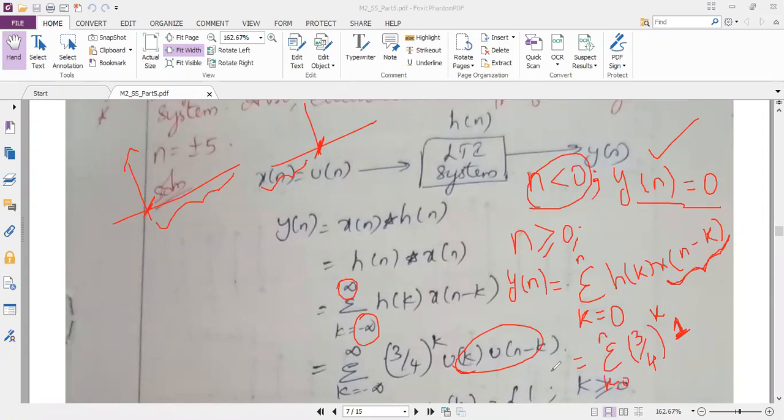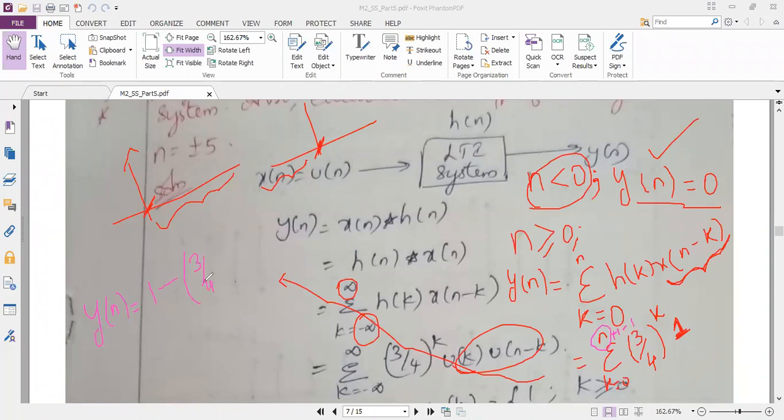Now can you convert this into the proper formula format and get me the output? How can I do the conversion here? The upper limit should have the n minus 1 format. Here I do not have n minus 1. So what should I do? I should add 1 and subtract 1. When I do that, can I write y of n is equal to, the formula says, 1 minus alpha power n, where alpha is 3 by 4.